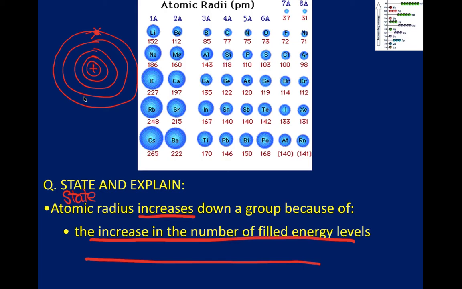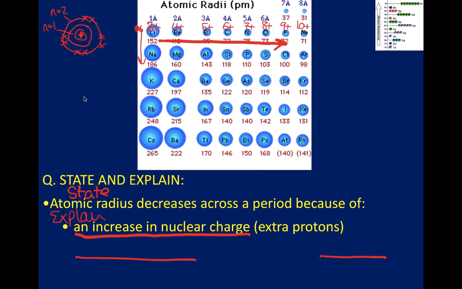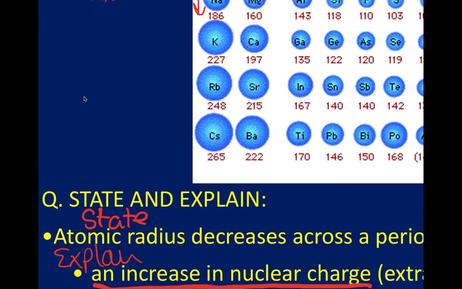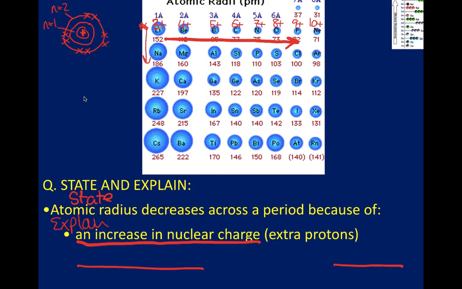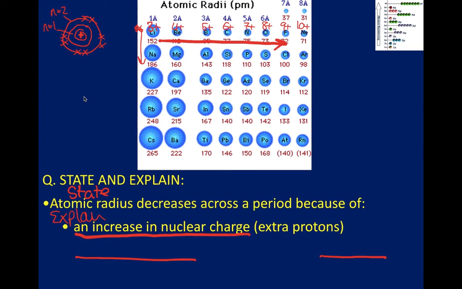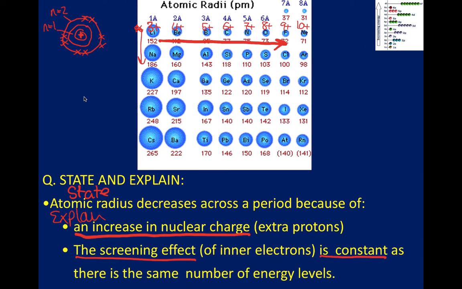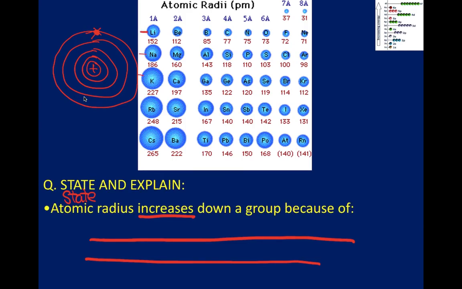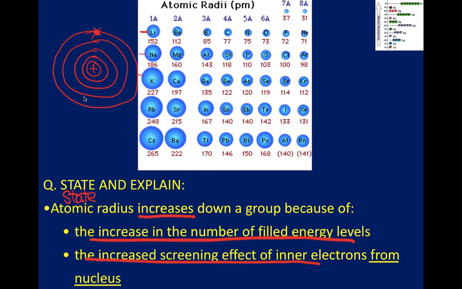So if we go backwards, we saw here that the screening effect remained constant because every electron was added into the same energy level, whereas here, as we go down the group, we are adding in extra energy levels. So the atomic radius increases going down a group because there's an increase in the number of energy levels and there is an increased screening effect.